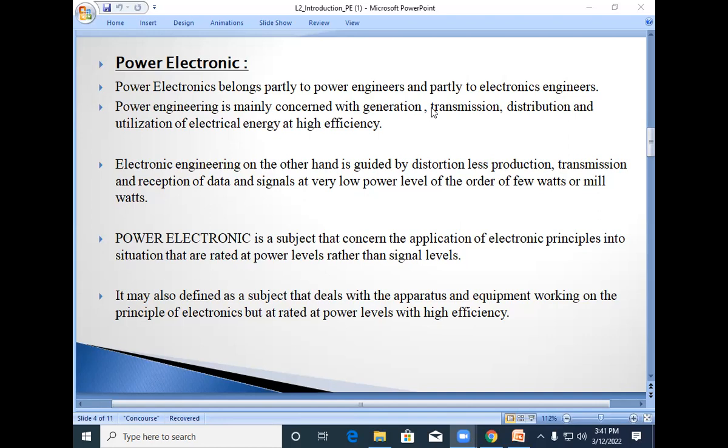Electronic engineering, on the other hand, is guided by distortion-less production, transmission, and reception of data and signals at very low power levels of the order of few watts or milliwatts.